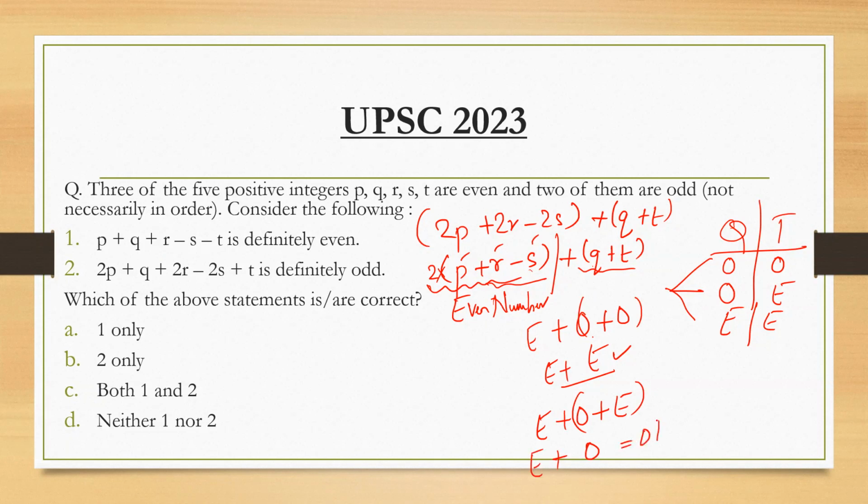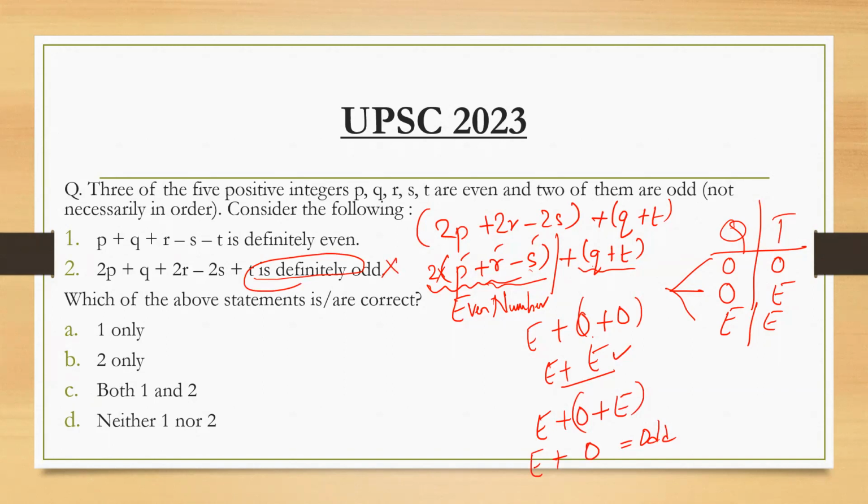That means what? Here we are getting two different values. In one we are getting even, in one we are getting odd. So the statement says what? Definitely odd. This is wrong. Everyone, Nitish, have you understood this?